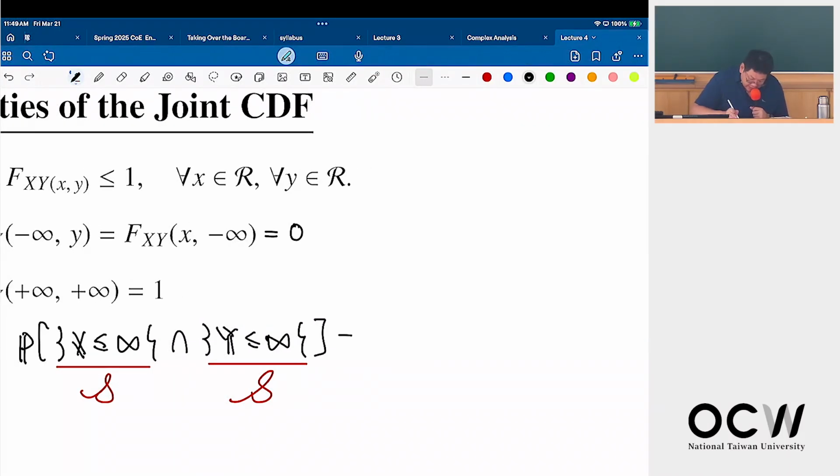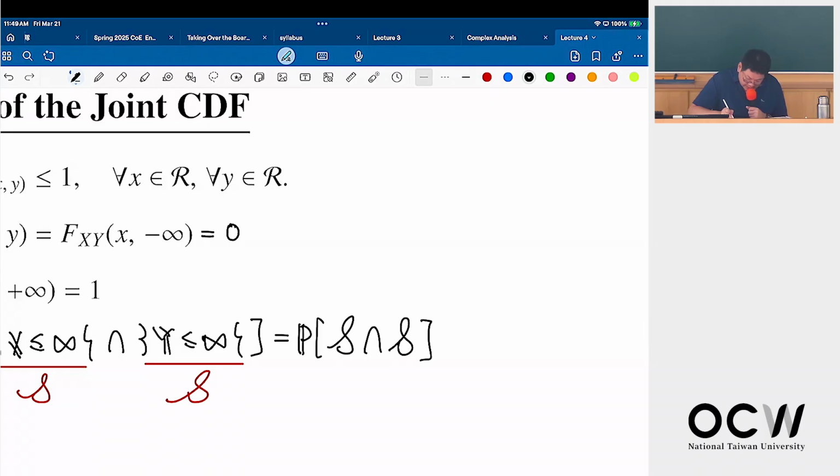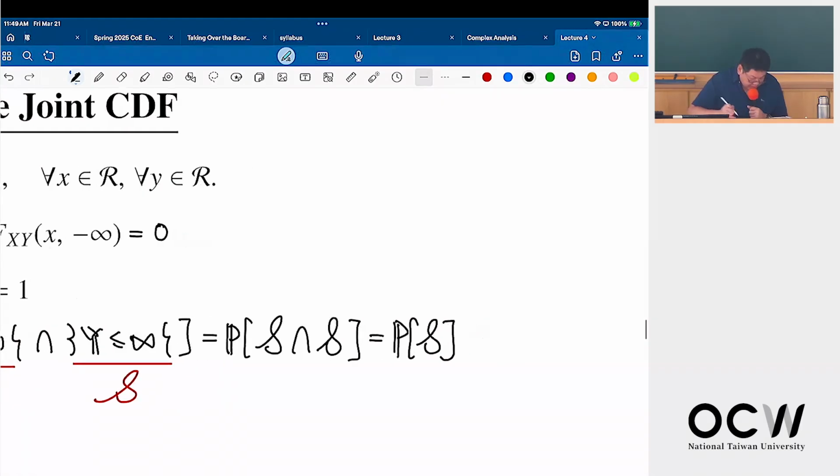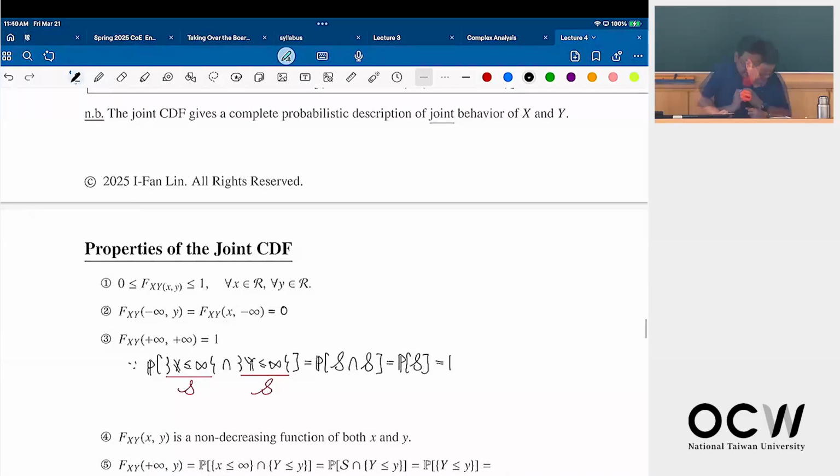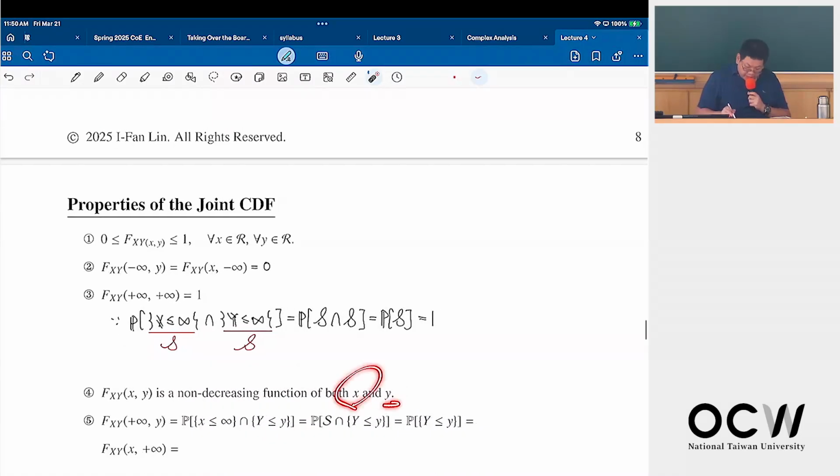Then the probability is sample space intersect sample space, which gives you the probability of the sample space, and of course, this is 1. Next, since it is probability and also CDF, the joint CDF is a non-decreasing function of both x and y.